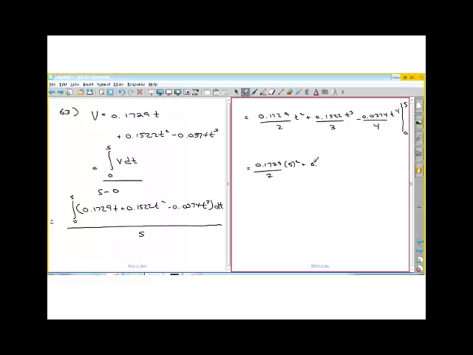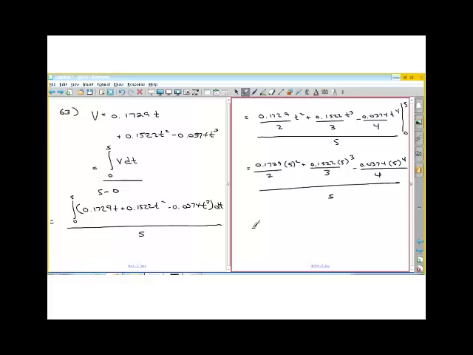So you get 5 squared, 0.1522, 5 cubed over 3, minus, and I forgot to divide the whole thing by 5 again. So then we have 0.0374 t to the 4th. T was 5 at the upper limit. 5 to the 4th all over 4, all divided by 5.